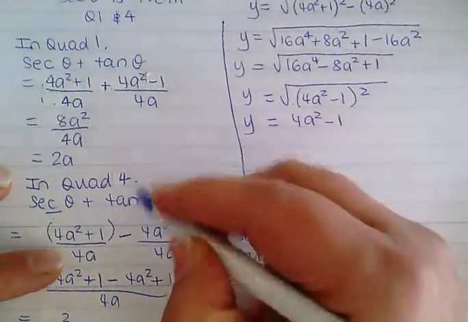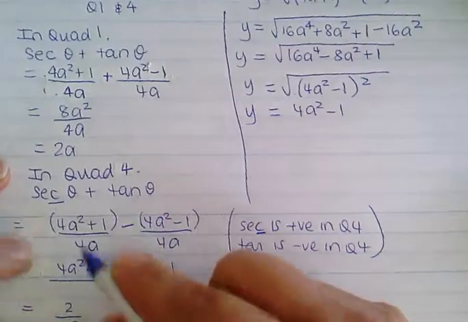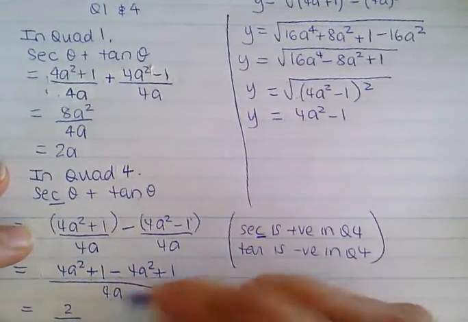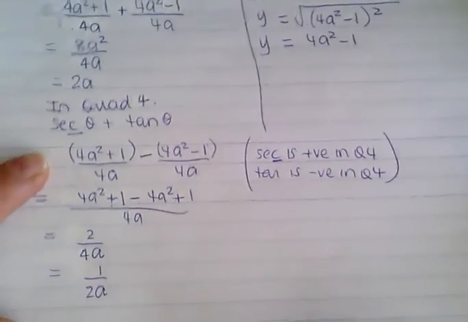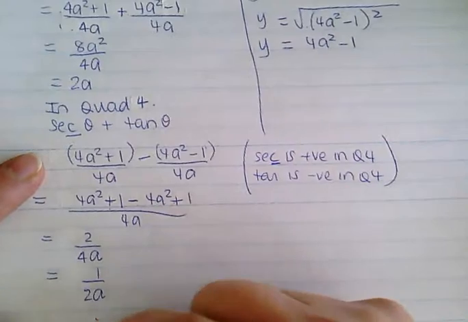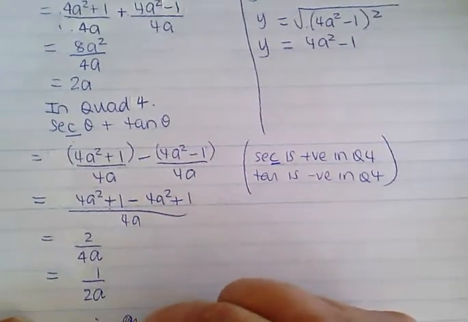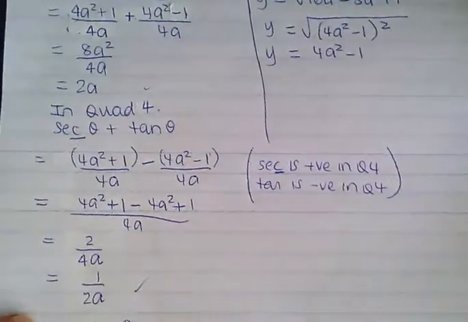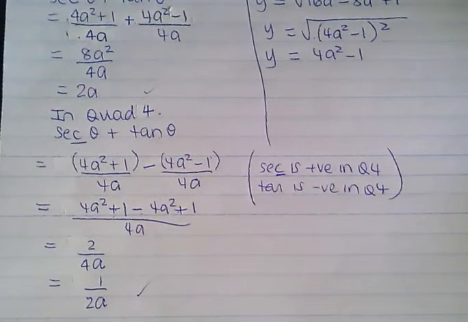So it's minus 4a squared minus 1 over 4a. So 4a squared plus 1, minus 4a squared plus 1, all over 4a, because we've got a common denominator. So that will be 2 over 4a, which is 1 over 2a. So therefore our result is as required. We've got 1 on 2a, and the expression equals 2a as well, in those different quadrants.